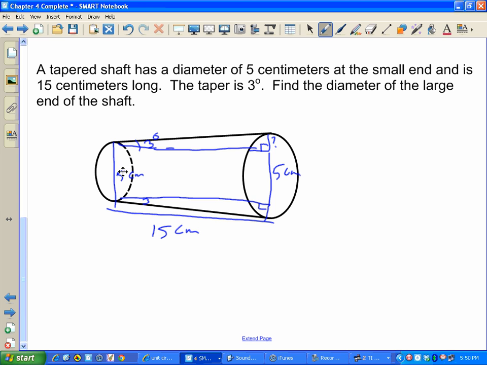So I know this side. Okay, I don't know the hypotenuse. Actually, I do, because the length of the tapered shaft is 15 centimeters. So I'm assuming they're measuring along the hypotenuse.